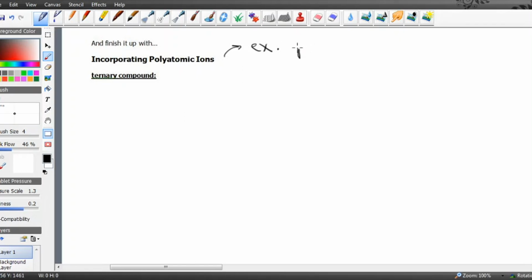Some examples would be like NH4 with a 1+ charge. That's ammonium. Or SO3 with a 2- charge. That is sulfite. Or OH with a 1- charge. That's hydroxide.